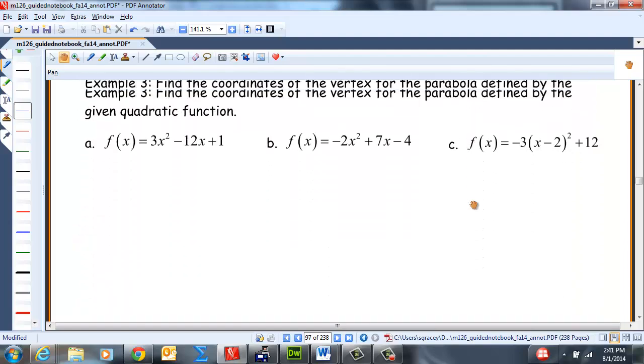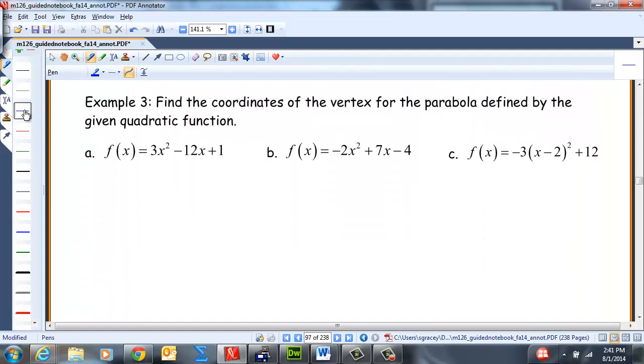All right, so here we go. This is just to make sure you're good with finding the vertex. So if you want to pause the movie and try it out yourself, feel free. Otherwise, work along with me. Okay, so this first one, -b over 2a is equal to, b is -12, and then a is 3.